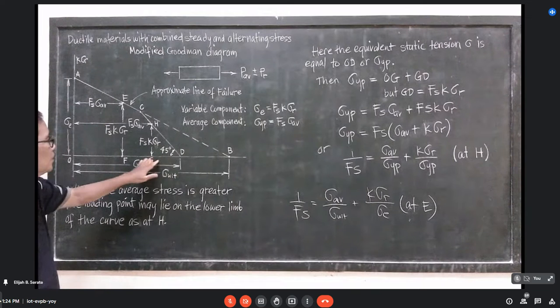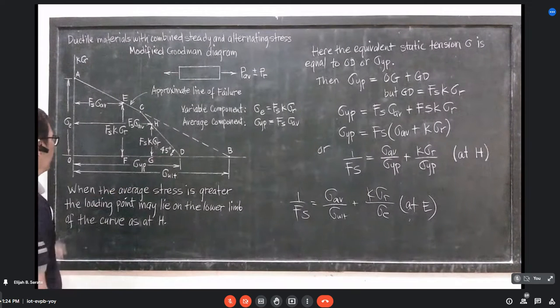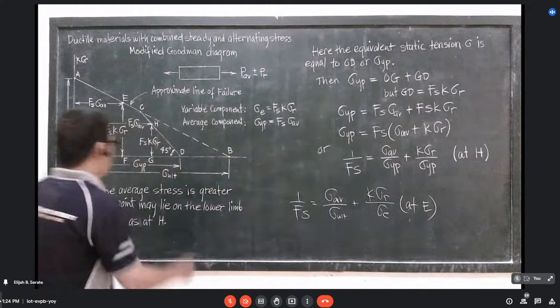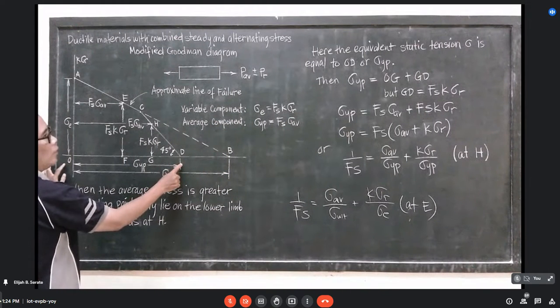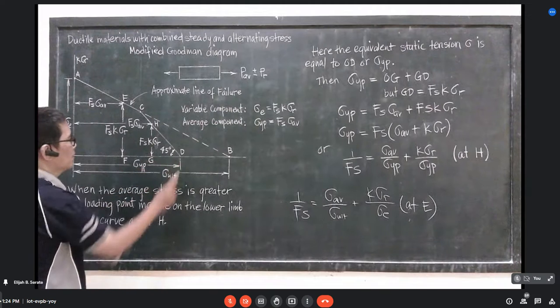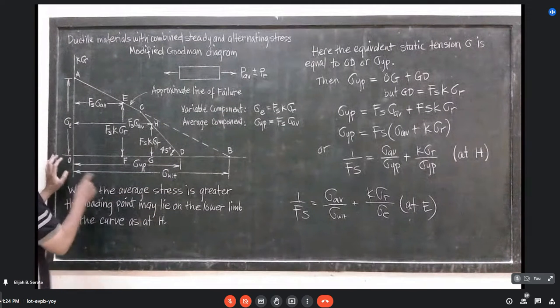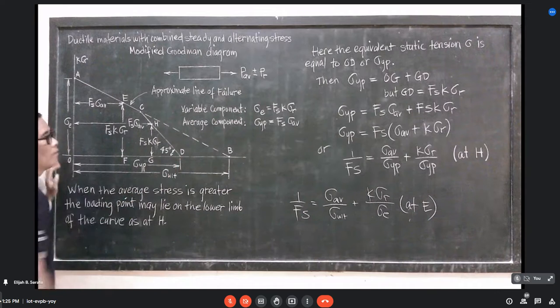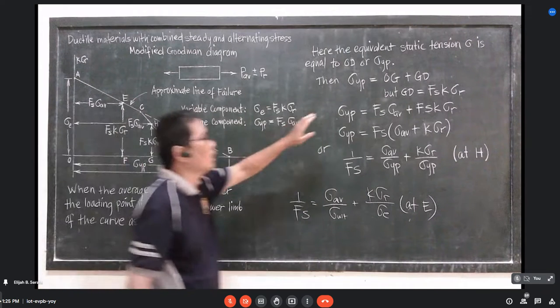For this part, we say that the yield point is equals to OG plus GD. Do you follow that? The yield point is equals to OG plus GD.